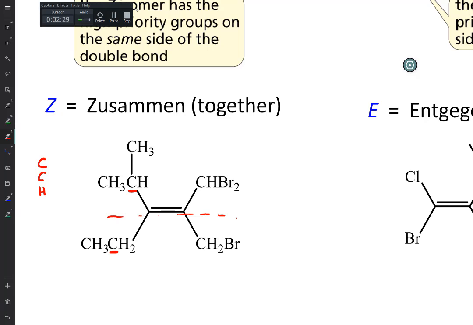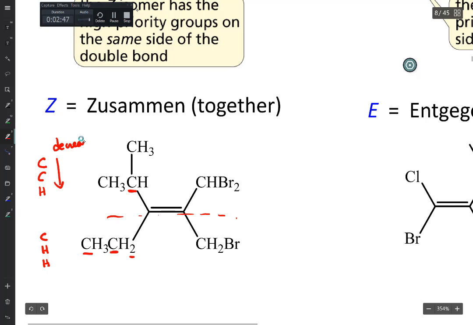So again, the red underlined C is the tie, and then you look at the next one out. This one has a carbon and then two hydrogens, so it would be C, H, and H. And again, this is in order of decreasing atomic number, decreasing Z. So which one has higher priority?